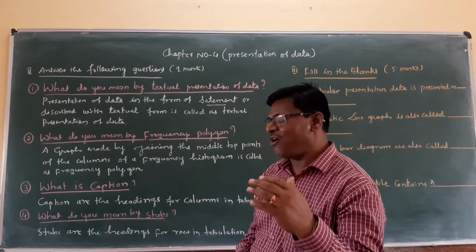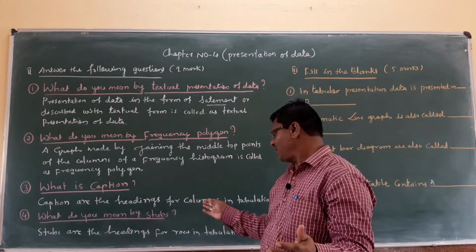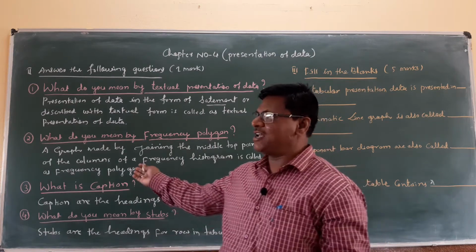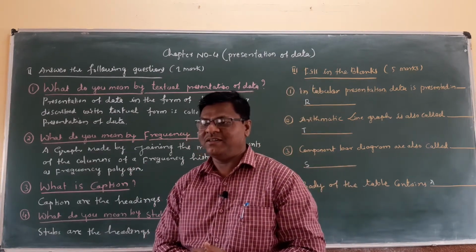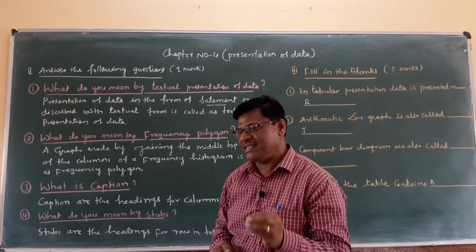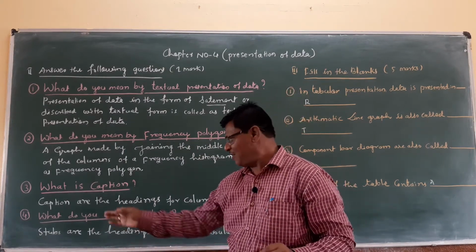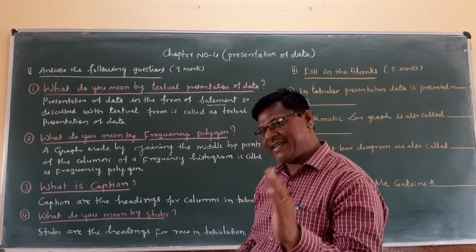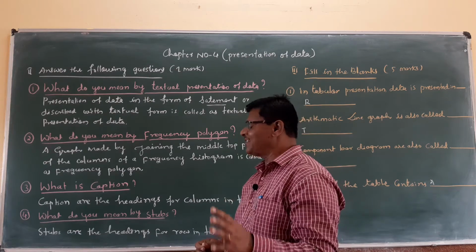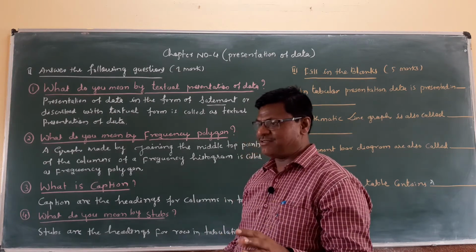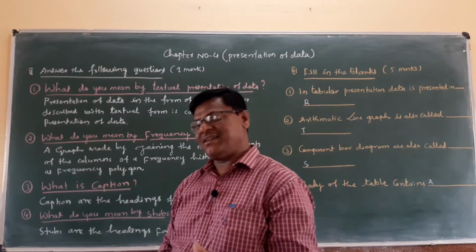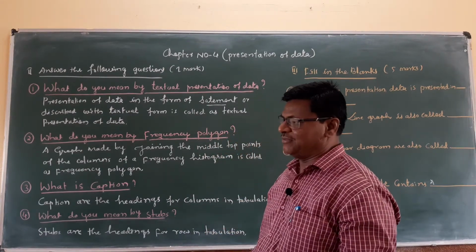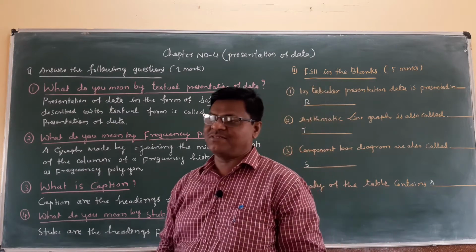And the last question is, what is stubs? What do you mean by stubs? The stubs are the headings of the rows in a tabulation. It is called the stubs.